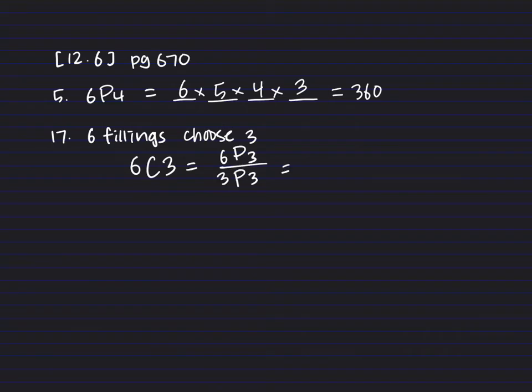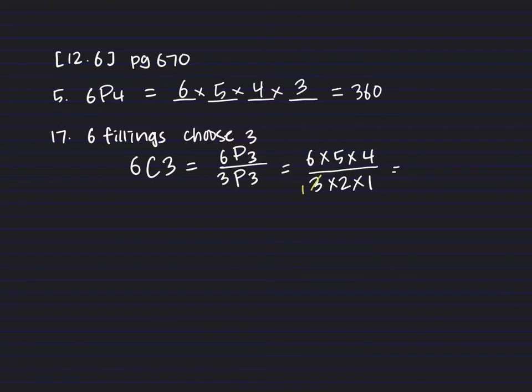6 permutation 3 means you're going to have 3 numbers that you use starting from 6. So I do 6, 5, and 4, and multiply all 3 of them. In the same manner, 3 permutation 3 uses all 3 of them, so it's going to be 3, 2, and 1. Then you simplify the numbers that you can, so you don't have to work with big numbers.